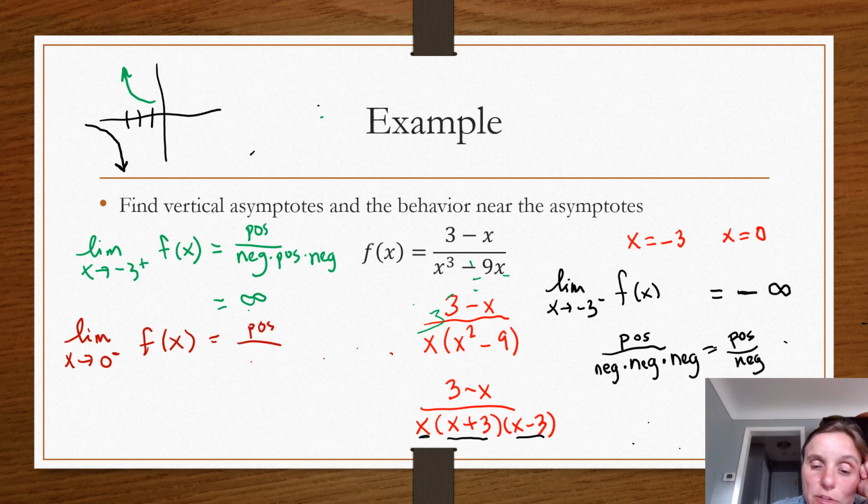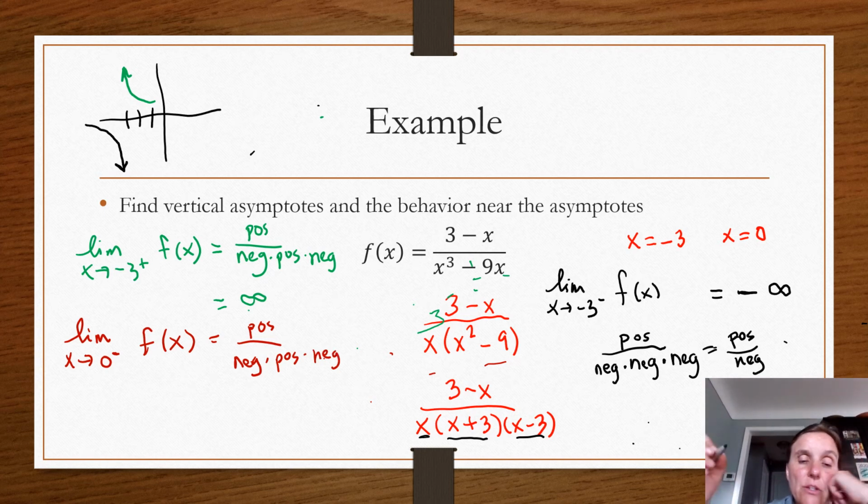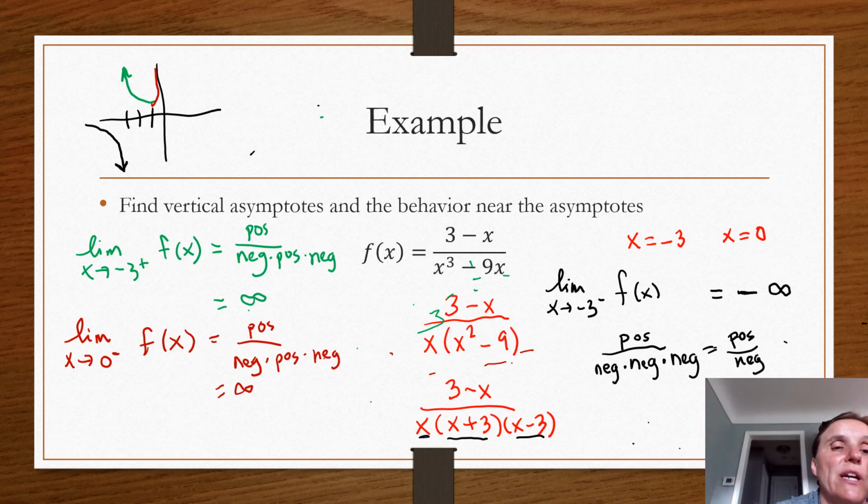A little bit smaller than 0, so x would be negative. x plus 3 would be positive. x minus 3 would be negative. So I have a positive divided by a positive, so this would be positive infinity. And that means that this function is then shooting up as we get close to 0 in that direction.